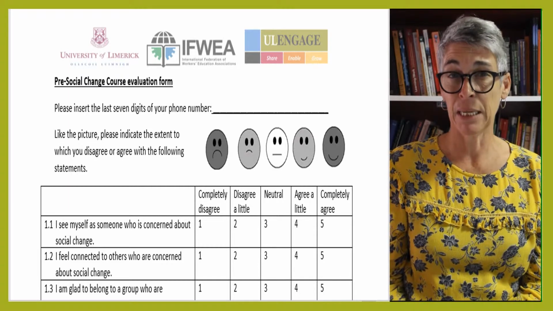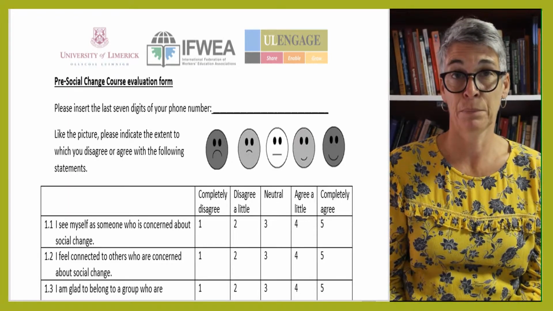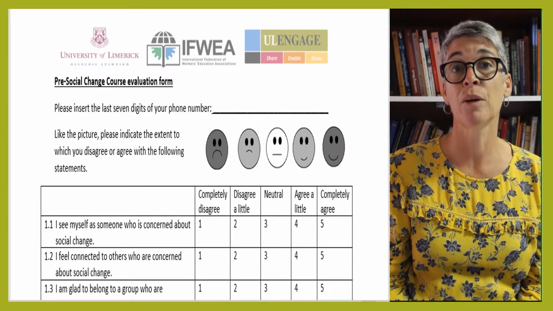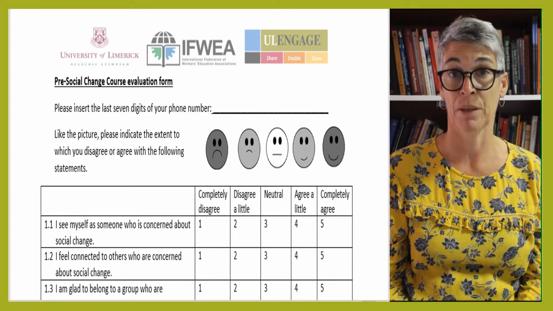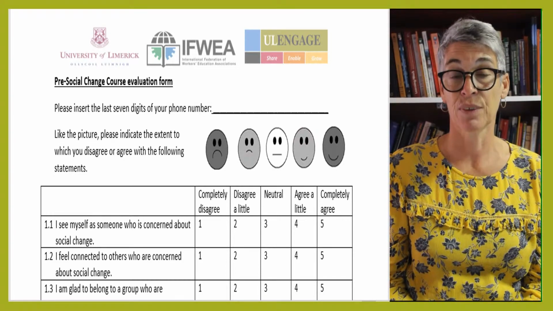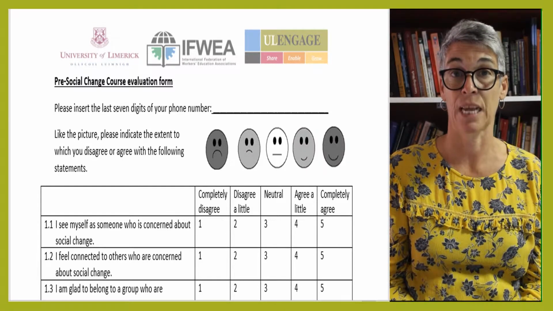Now this is a fairly meaningless number because I haven't got their complete telephone number. I won't be able to ring them, for example, but it is a number hopefully that the participants will remember from before and afterwards. So that's why I've asked for the last 7 digits of their telephone number at the beginning of the questionnaire.